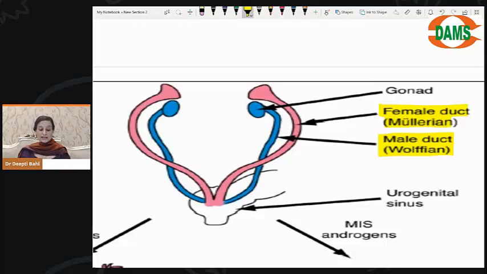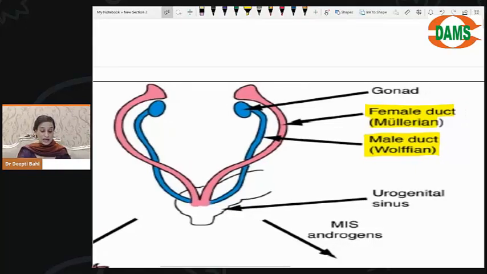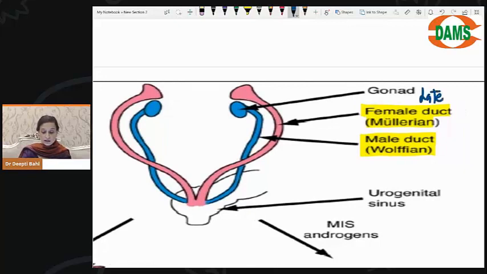The Mullerian ducts to begin with are lateral to the Wolffian ducts. And as I said, in the early conceptus, both the ducts are going to be present.